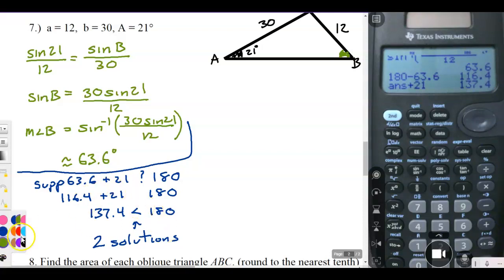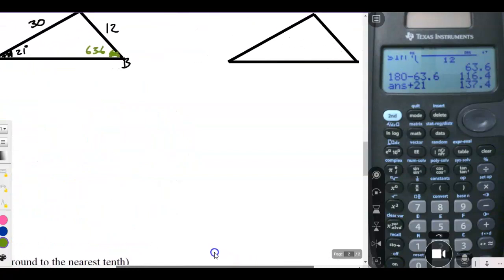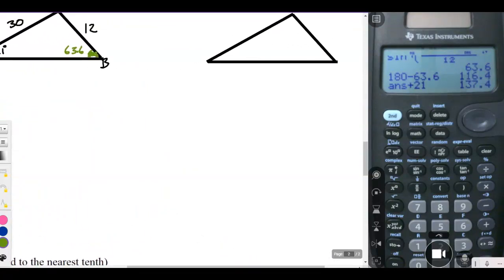So possibility 1 is that this angle is 63.6 degrees. Possibility 2 is that the angle is 116.4, the supplement of it. So if I have another triangle here, what that means geometrically is that this 12 can be drawn here, or this could be 12 as well.